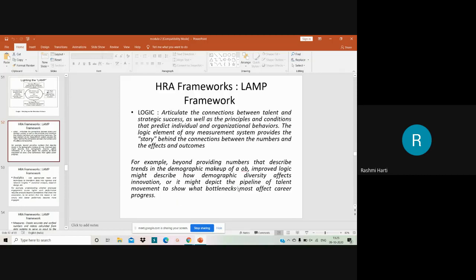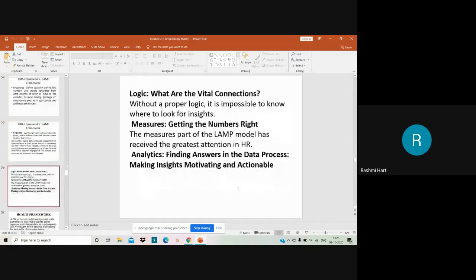So here, logic is given in very short form. What are the vital connections? You have to derive the data with proper logic, because it is impossible to know where to look for insights if you do not have proper logic. Measures is getting the numbers right.